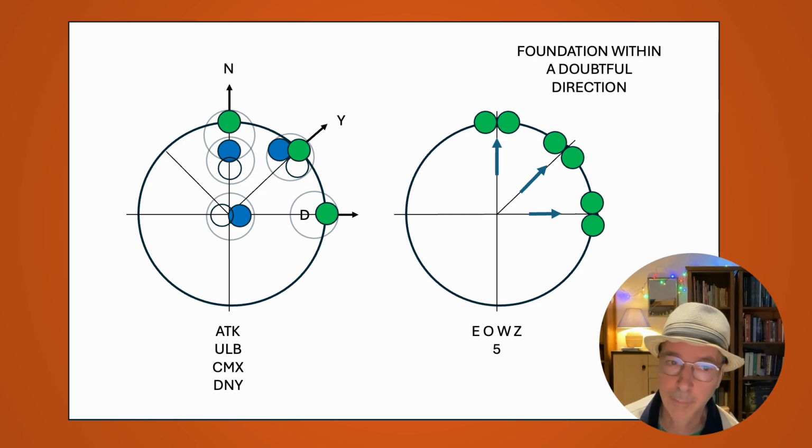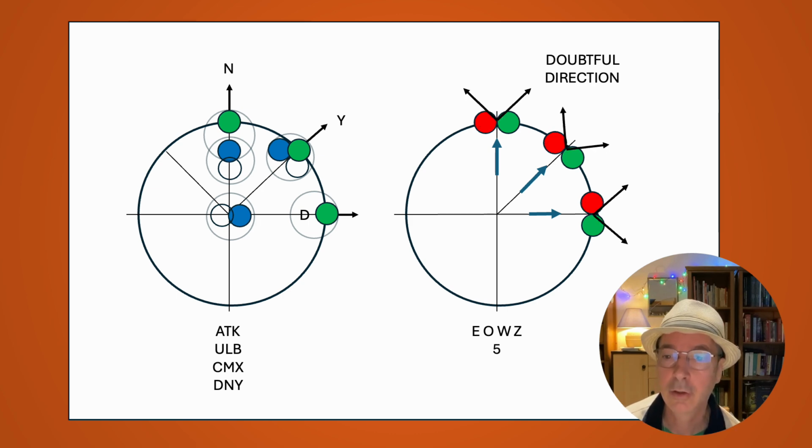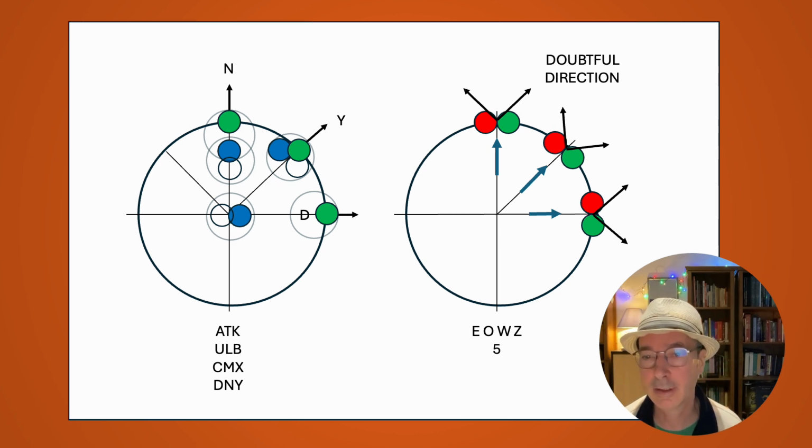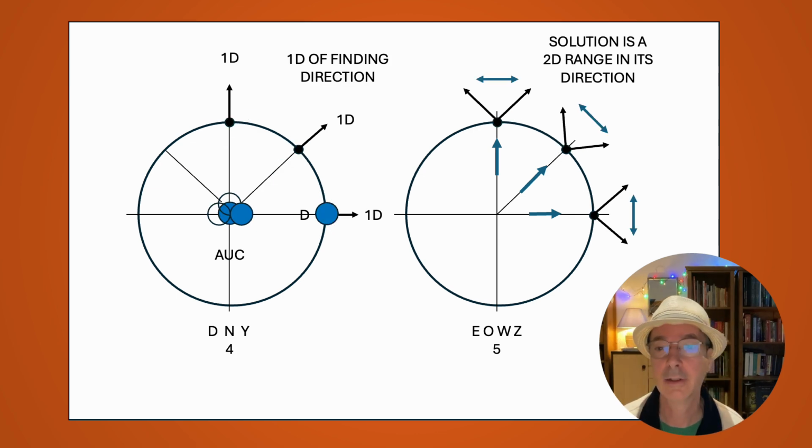So we start from the idea that if the direction is not clear with N, Y, and D, it's a doubtful direction. The solution for that is that now we have a range in this doubtful direction, and for this range, the best thing to do is to take the full range. Then instead of having a one-dimensional direction, we have actually a range of directions, a two-dimensional direction in the horizontal plane, the vertical plane, and the diagonal plane.